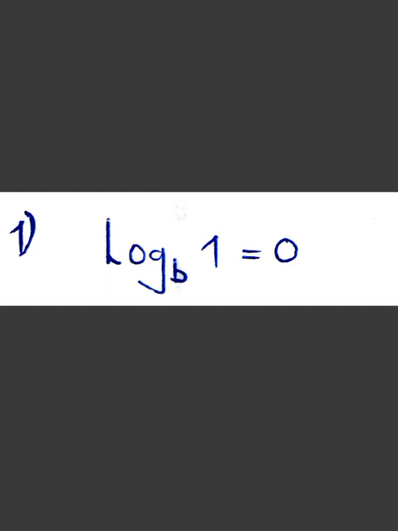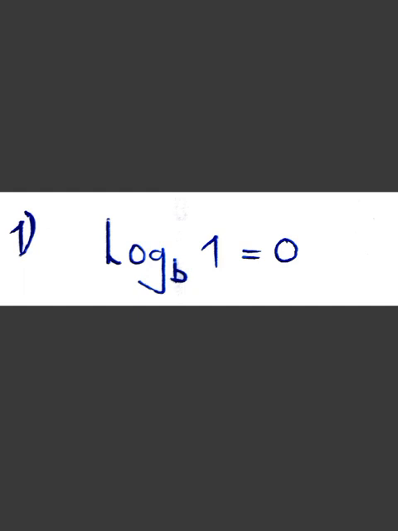All right, so let's look at the first principle. We'll look at different properties of logarithms, and if you're able to master them and apply them, then you're home and dry. So let's look at the first property. The first property states that the logarithm of 1 to the base of any number b is always equal to 0.